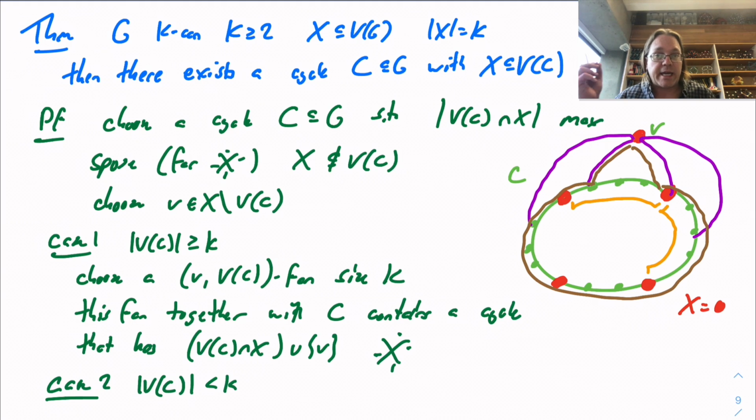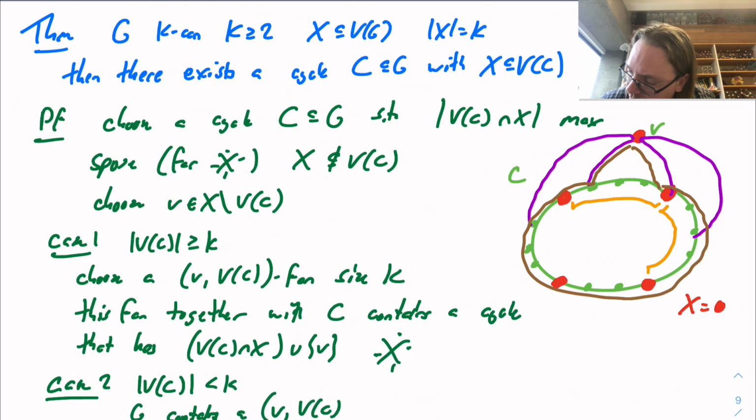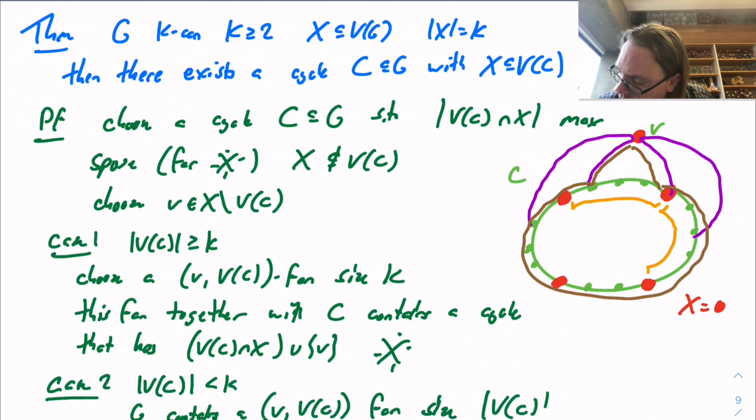You can, in that case, find a fan that goes from V to every vertex on the cycle. So in this case, G contains a V comma V of C fan of size the number of vertices of C.